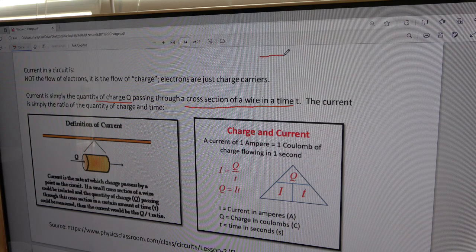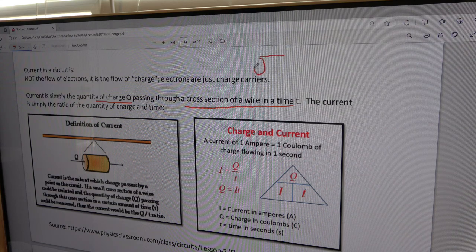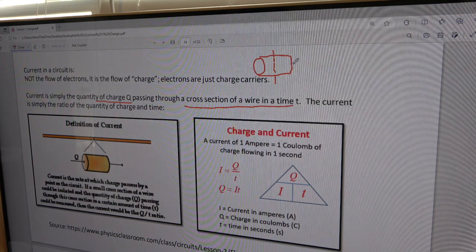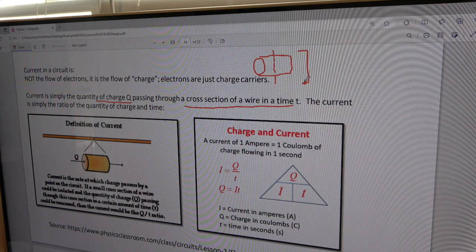So if I had a wire, I'm going to try to draw all this, and I took a cross-section of it, I'm going to look at it from this direction right here. It'll be a circle, right?